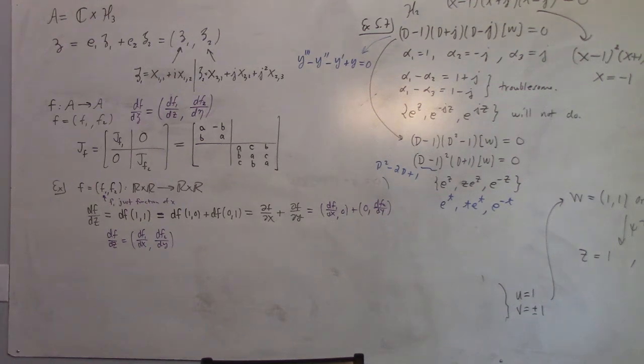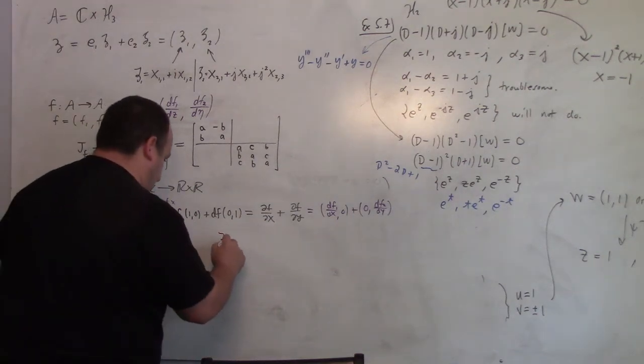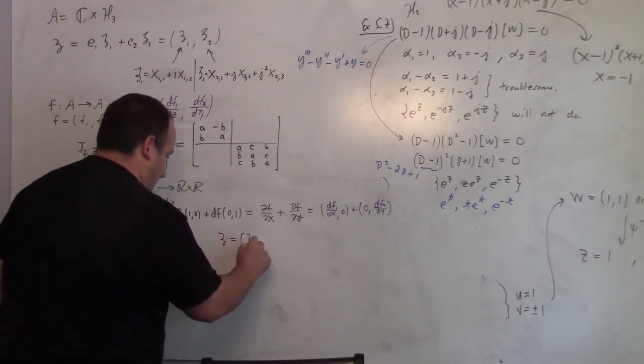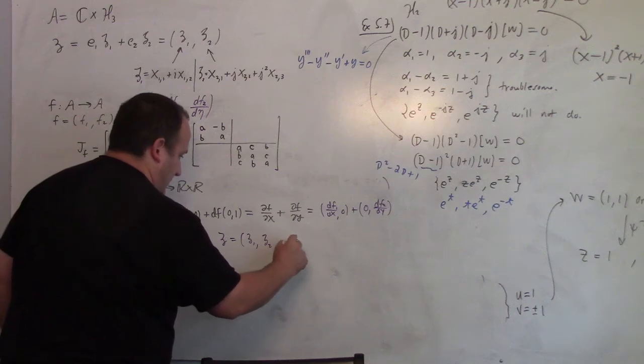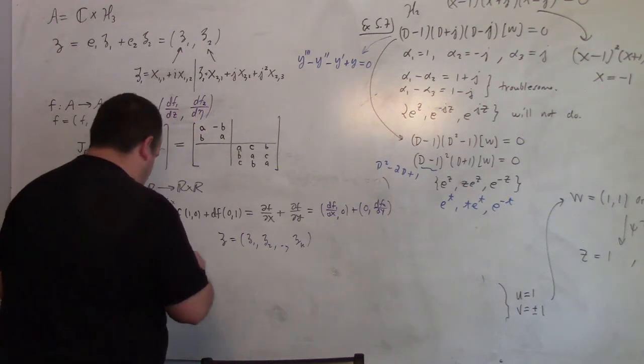Like if you have zeta to the n, if you have a polynomial in the direct product algebra, where zeta is (zeta 1, zeta 2, ..., zeta k), and you raise it to the n power, what do you get?